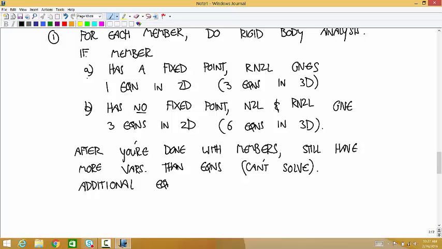So the additional equations that you need come from geometric constraints.